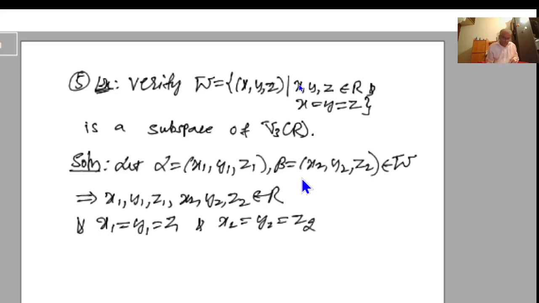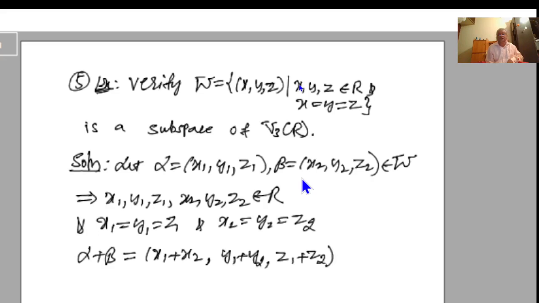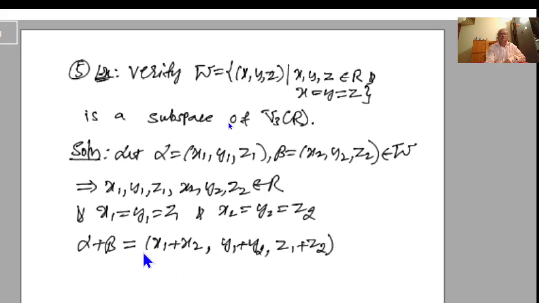Right? Now consider alpha plus beta. Adding these two vectors, alpha plus beta is x1 plus x2 comma y1 plus y2 comma z1 plus z2. Okay, we have to show that this belongs to W. This belongs to W if x1 plus x2, y1 plus y2, z1 plus z2 belongs to R and x1 plus x2 equal to y1 plus y2 and that is equal to z1 plus z2.